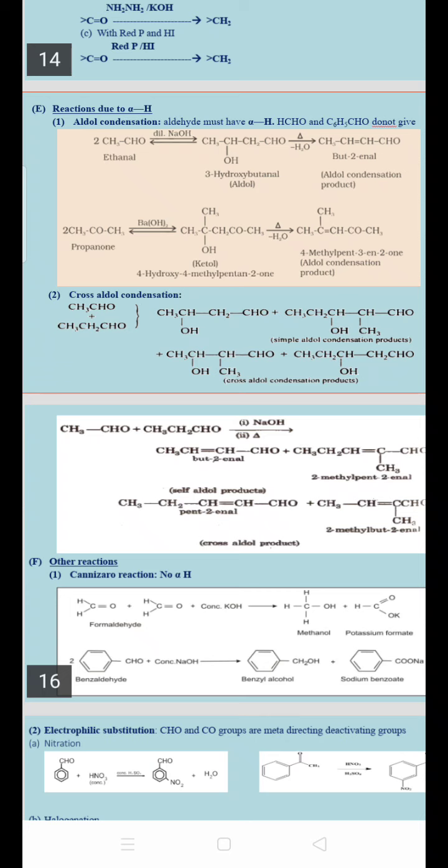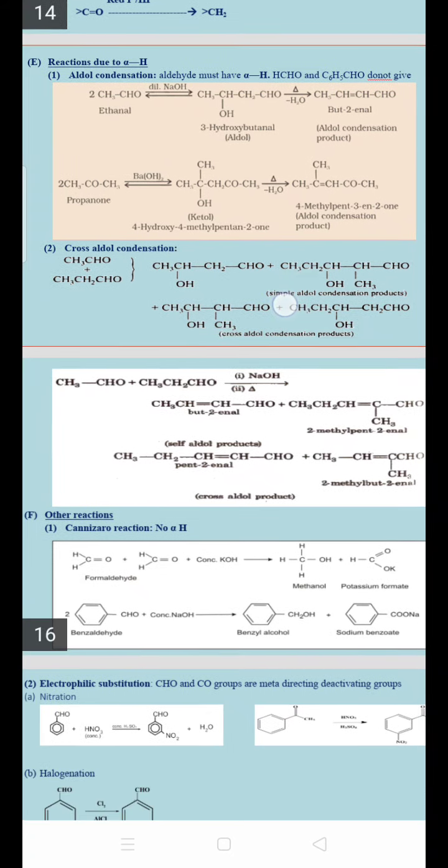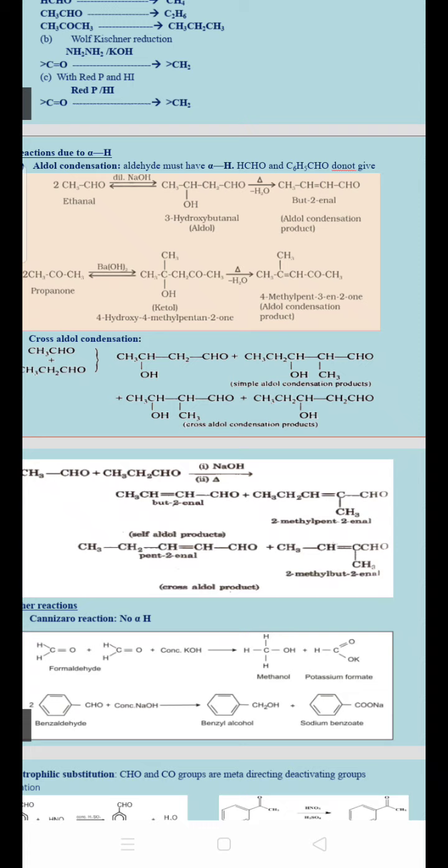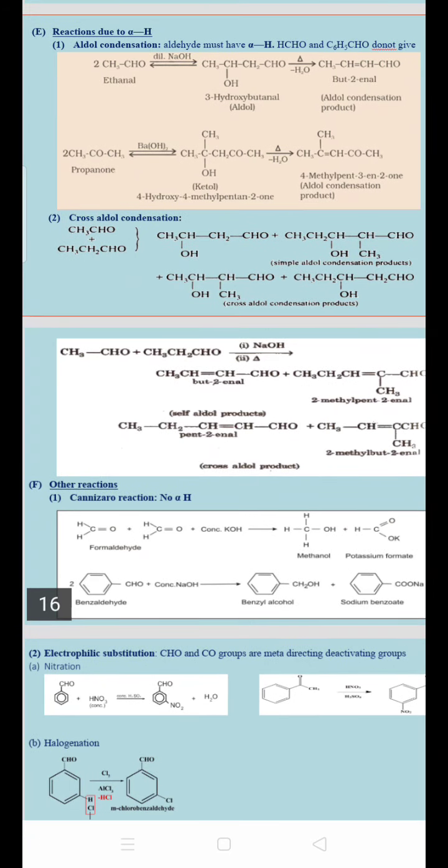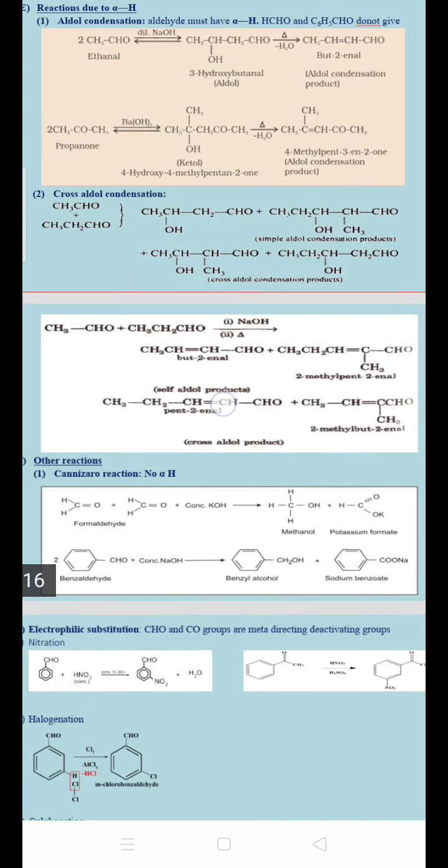Let me repeat: when a condensation reaction is carried out between two different aldehydes or two different ketones, the reaction is called cross aldol condensation, and I will get a mixture of four products.